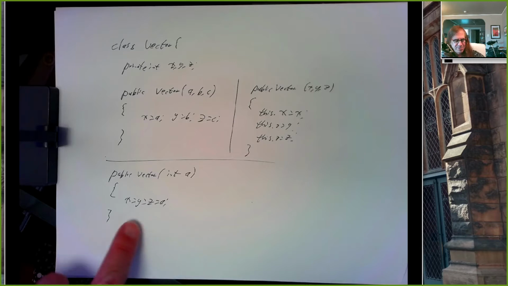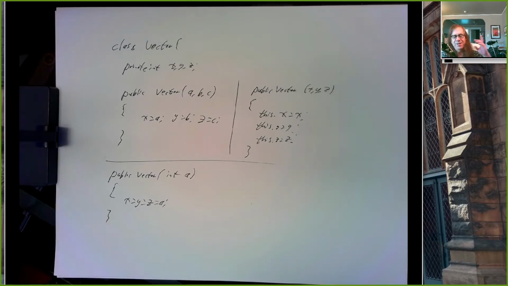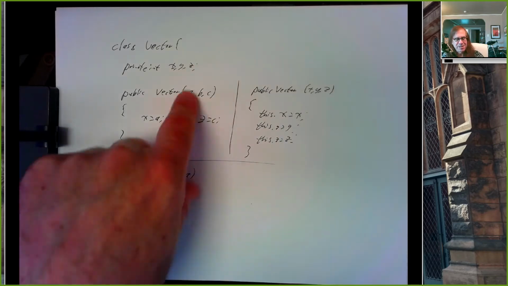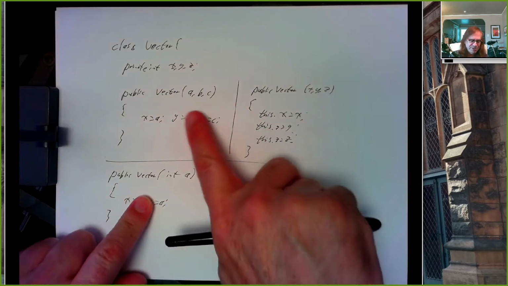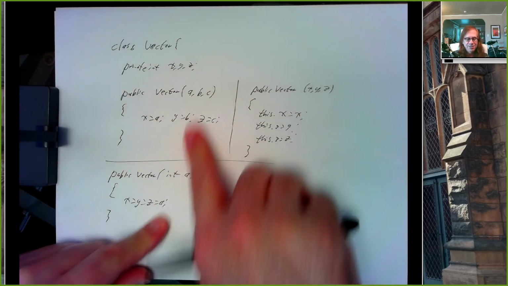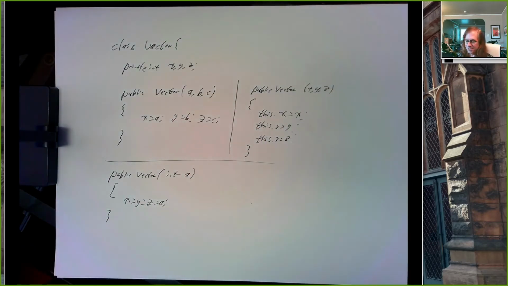But the idea here is you want to make a vector where everything's equal to 1 or 0, so instead of passing 3 numbers that are the same, you can just pass one number. There's a signature for methods and constructors. Both of these are called Vector, but they're different constructors because they have different argument lists.